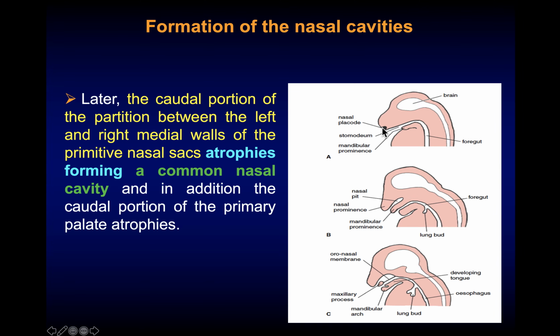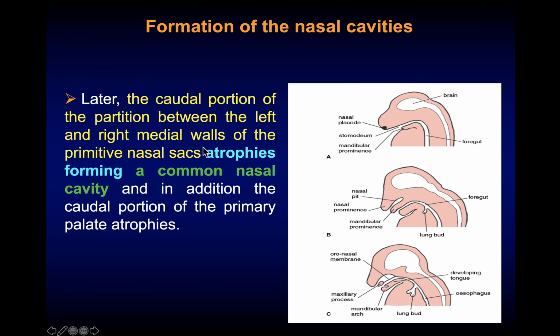And you can see here, this is the nasal placode, and it starts to deepen and elongate caudally, and this results in the formation of the nasal sac. As I said, there is a separation between the nose and the oral cavity through this membrane, the oronasal membrane. As I said, it will play a role in the formation of the hard palate.